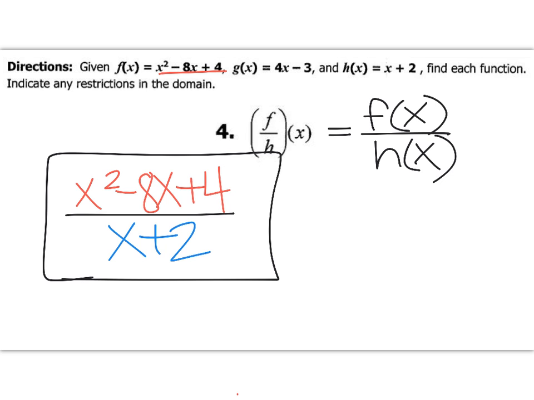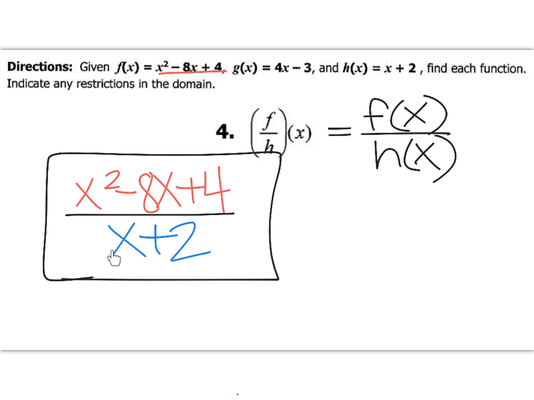However, because we're dealing with quotient, we have to look at this denominator and ask ourselves, what would make this denominator 0? Because if the denominator is 0, we know that we can't do it. This is how we have restrictions in the domain. Domain deals with x, so we have to ask ourselves, what can't x equal?